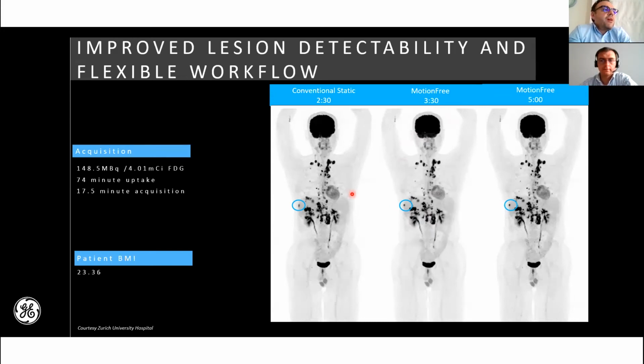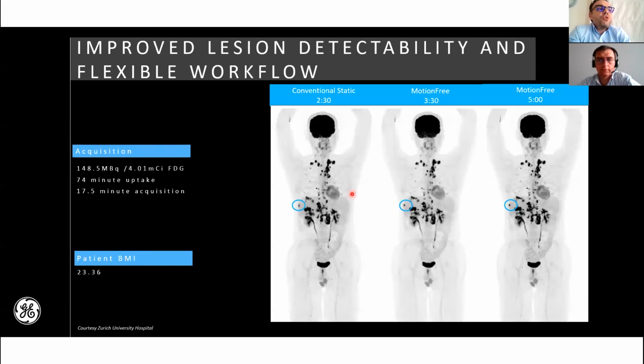We can see here that in this case we have a total time saving of 4.5 minutes in the middle case and 2.5 minutes in the case on the right, compared of course to the use of motion correction with an external device, because motion correction would have been applied with an external device in 2 beds and not in 1 like we did here.